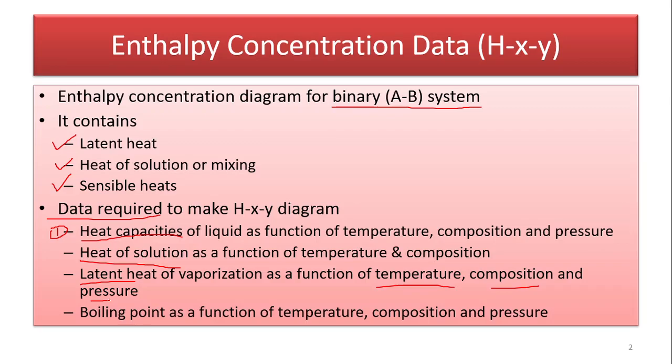So it is a function of temperature, composition, and pressure. And if you fix the pressure at a constant pressure, so what happens? This third variable will automatically be cancelled because you are now not changing the pressure. So you only have two variables, temperature and composition, for calculation of heat capacities.